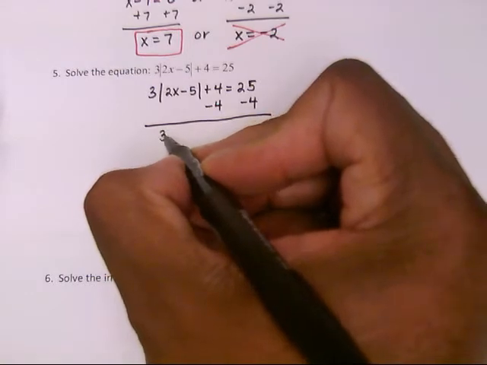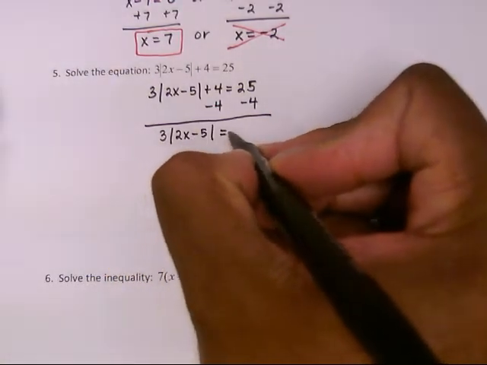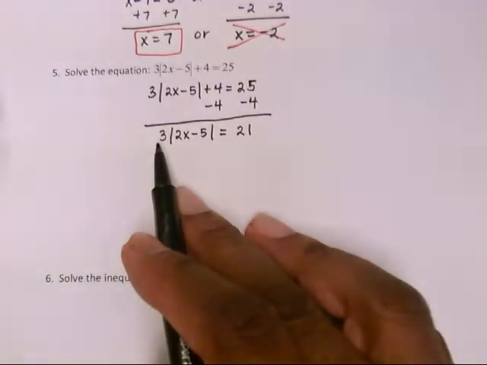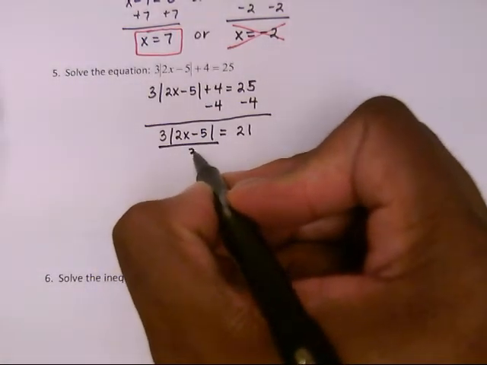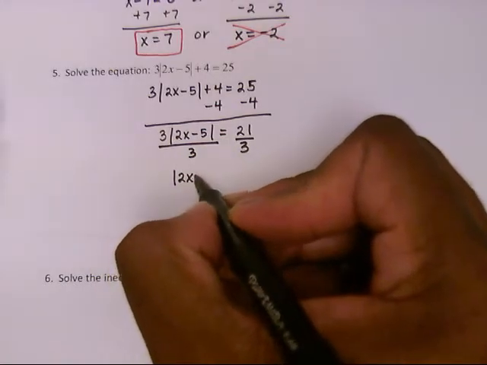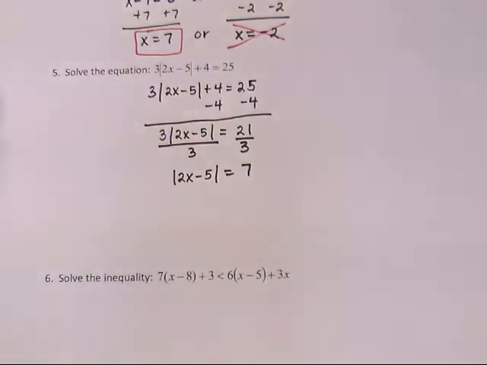So that means I'm going to have 3 times the absolute value of 2x minus 5 equal to 21. Now I still got to get the absolute value of 2x minus 5 by itself. I'm multiplying it by 3, so I need to divide by 3 on both sides. So I have the absolute value of 2x minus 5 equal to 7.